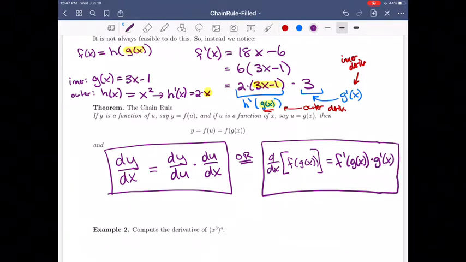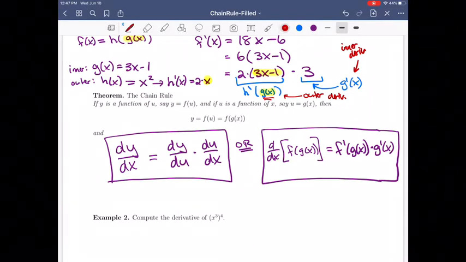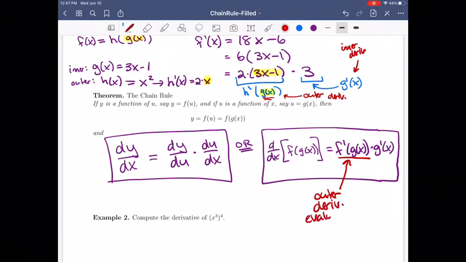So this part is the outer derivative evaluated at the inner function. And then we have to multiply by the inner derivative.